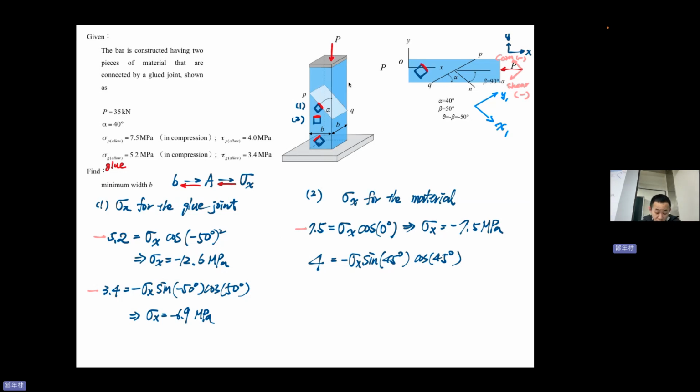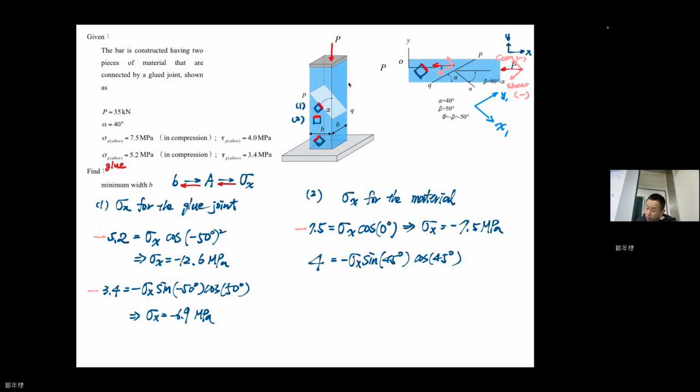And the 45 degree, you can imagine that if the component shear here will be this one and that one, right?